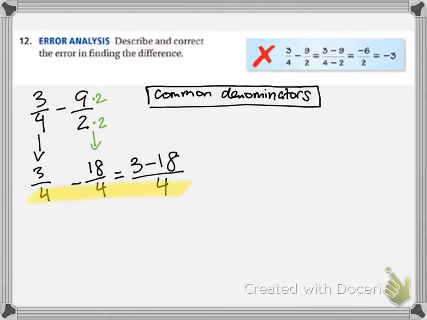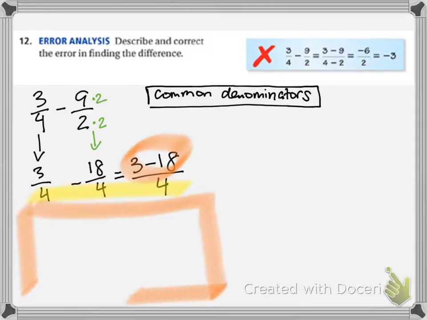So now I'm going to look at this top part, the numerators, and do the work of subtracting those numerators right here. So I've got 3 minus 18. I want to change that into addition. I'm just going to shorthand it here. Change subtraction into addition, and I need the opposite of that second number.